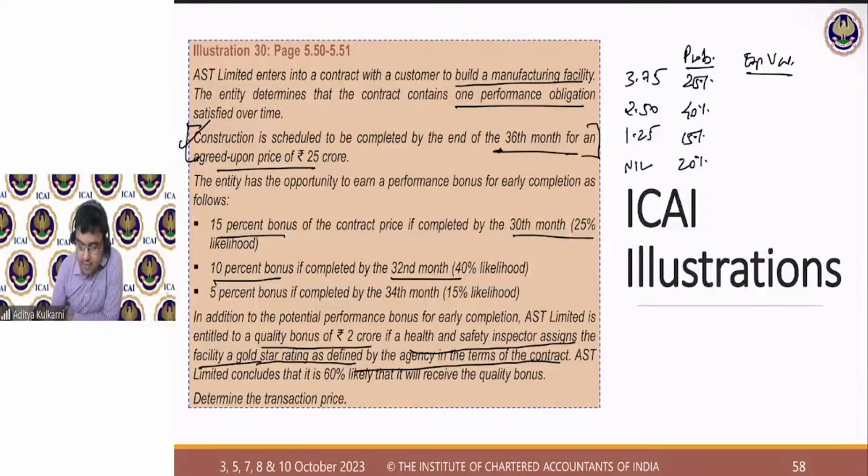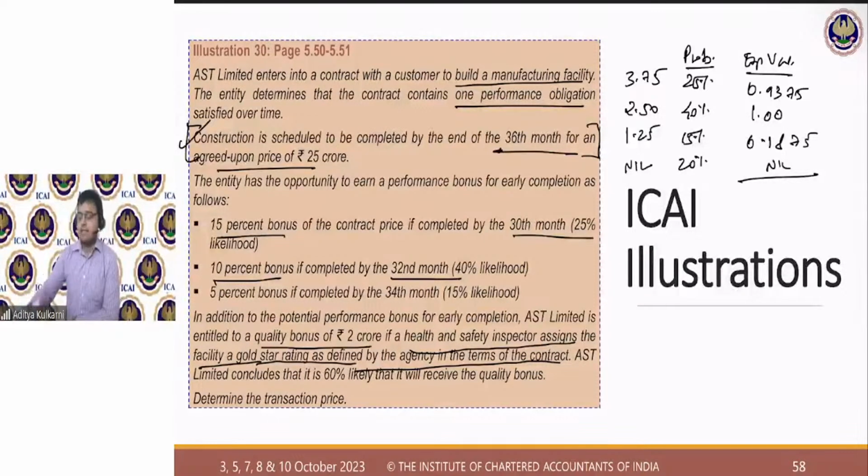So now expected value. 3.75 into 25%, I get 0.9375. 2.5 into 40%, 1 crore. 1.25 into 15%, so that gives you 0.1875. Are you guys solving? And then the last one is 0.